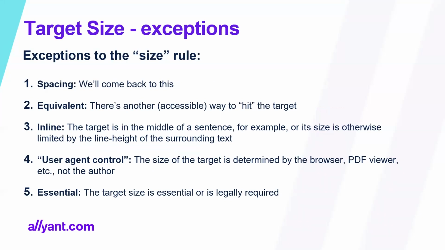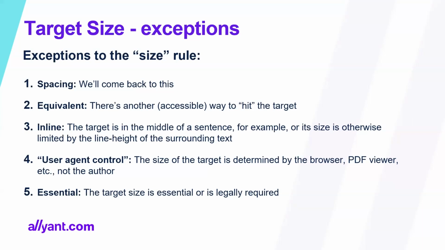All right, now let's talk about some of the exceptions to the rule, and then we'll get into some examples for how to pass and how to fail, and break down one of these exceptions even more. So first of all, there's 5 exceptions, right? One is for spacing, and we'll come back to this because there's a couple of things to consider when you're looking at spacing as far as the exception to the target size rule.